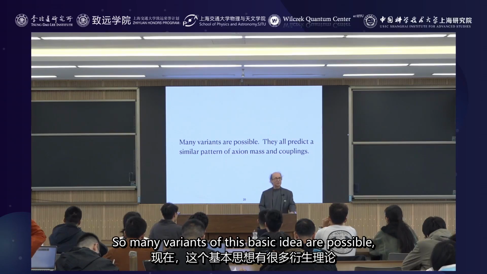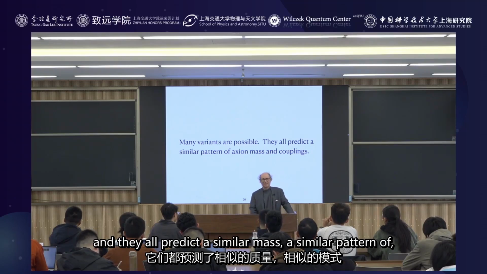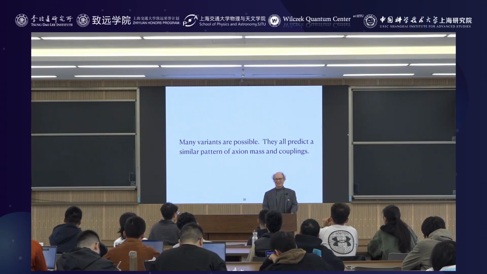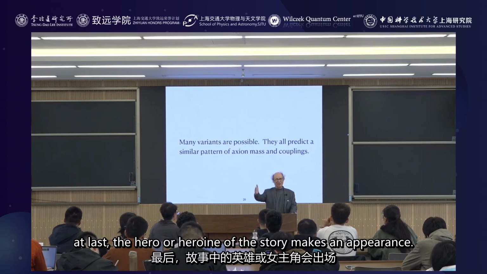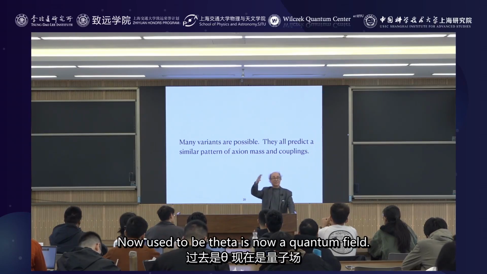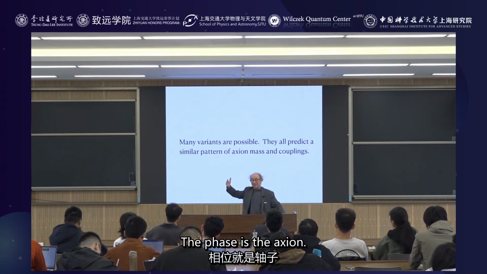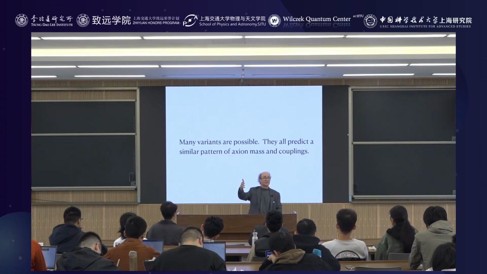So many variants of this basic idea are possible, and they all predict a similar pattern of, at last the hero or heroine of the story makes an appearance, the axion. The phase of this quantum field, so what used to be theta is now a quantum field, is the axion.